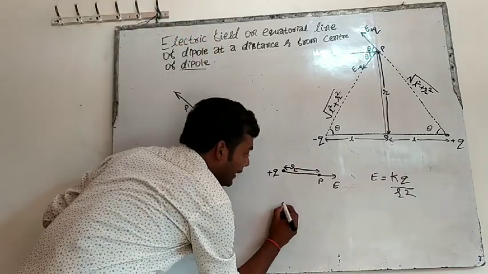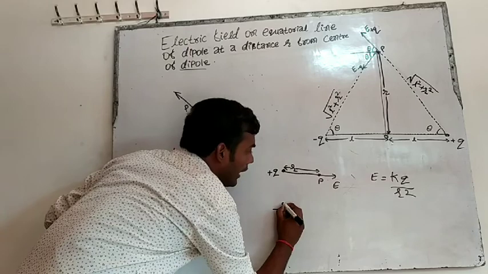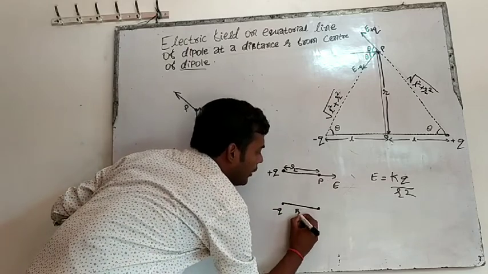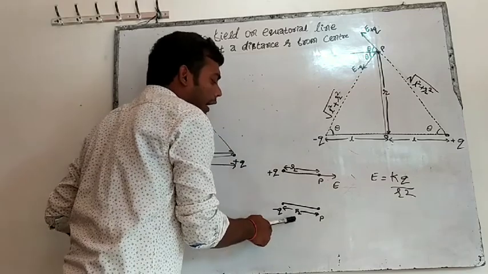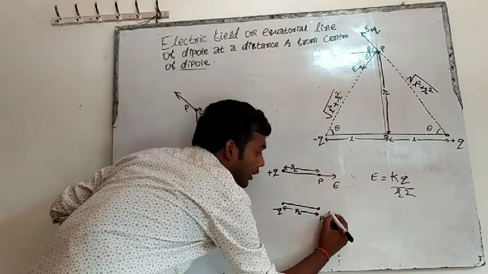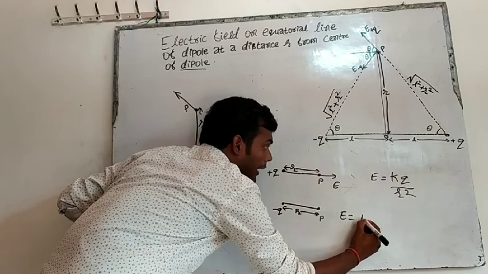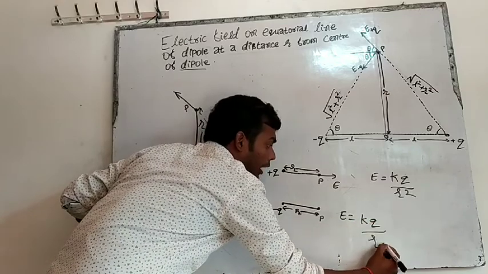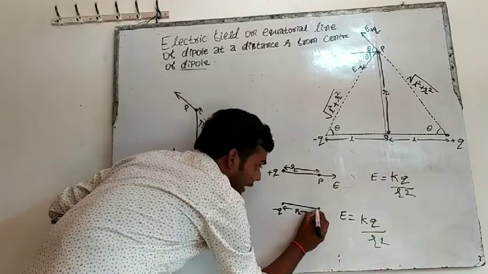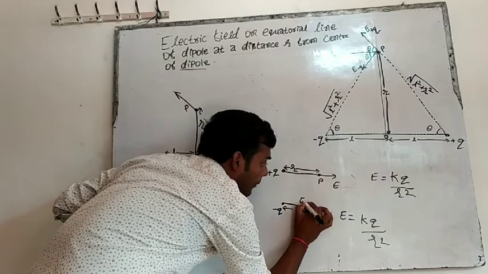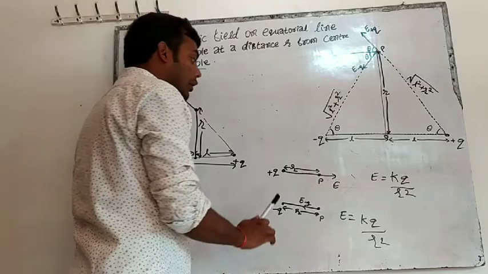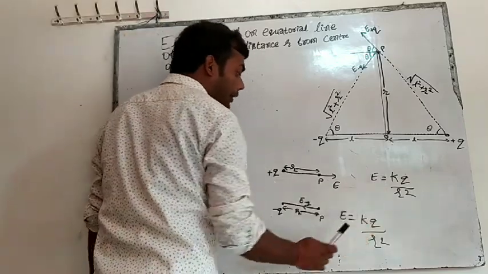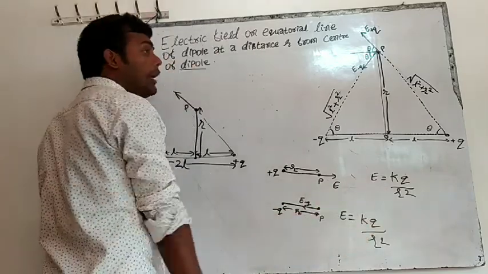And if there is any negative charge, minus Q, at a distance r, then electric field at point P will be equal to KQ by r square. So the formula will be same, but the direction of electric field will be towards the negative charge. Due to positive charge away from it, due to negative charge towards the negative charge.